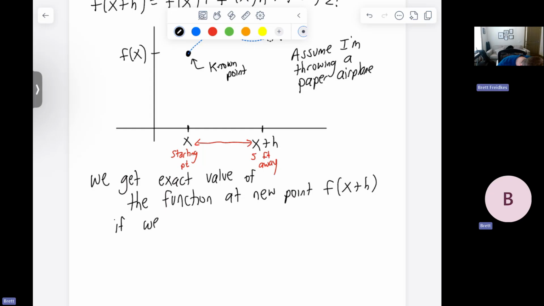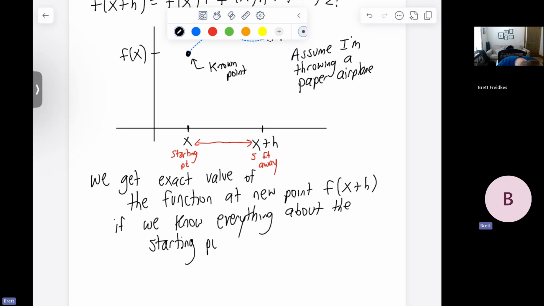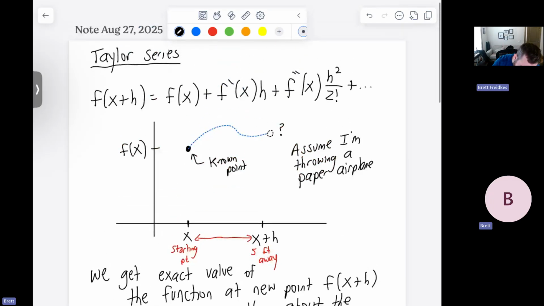If we know everything about the starting point. What do I mean by that? Well, this expression is exact for an infinite number of terms.